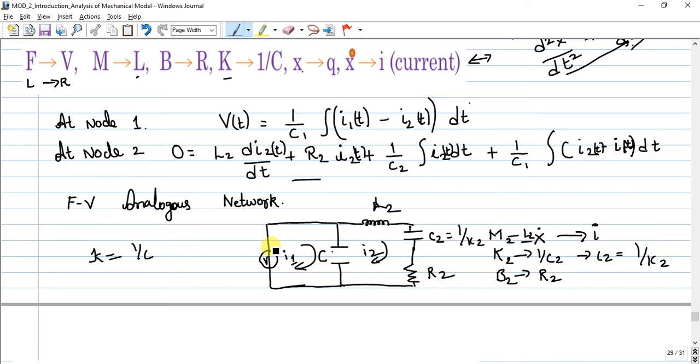So this will be your equivalent electrical network, assuming the force voltage analogy.